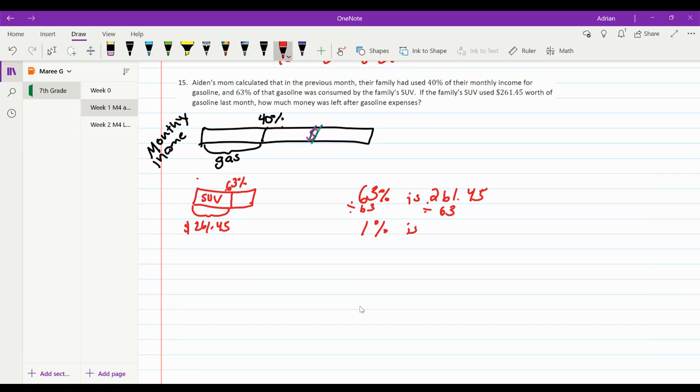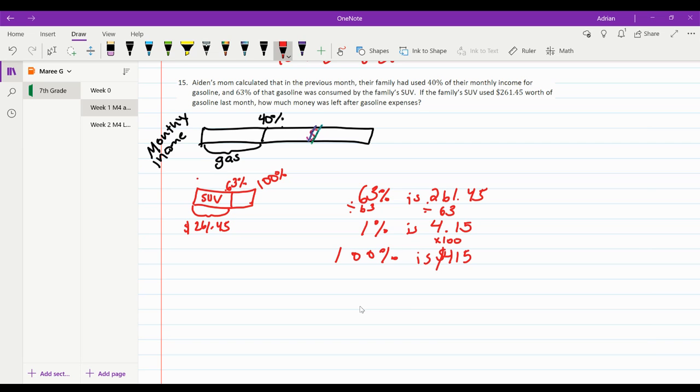So 261.45 divided by 63, I already did this one, so I know the answer is 4.15. So 1% is $4.15. So if I have 1%, I can figure out 100% by multiplying by 100. 4 and 15 hundredths times 100 is $415.